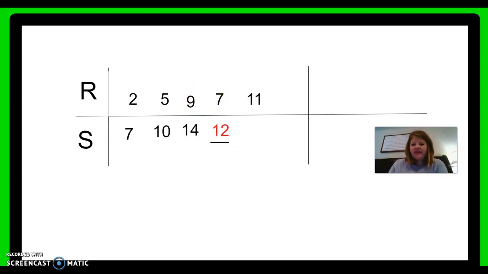If R is 11, S is 16. If R is 20, S is 25. So how do we get S? We do R plus 5.